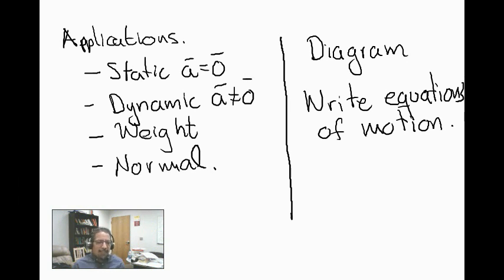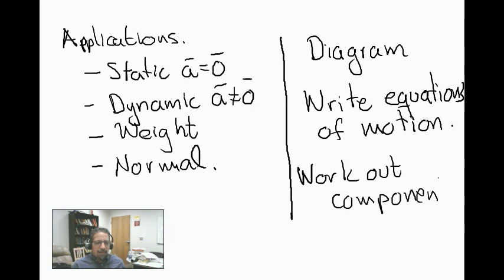And then we work out components. And then we finish off the solution with whatever is needed. So typically this implies determining a specific value. So then solving equations.